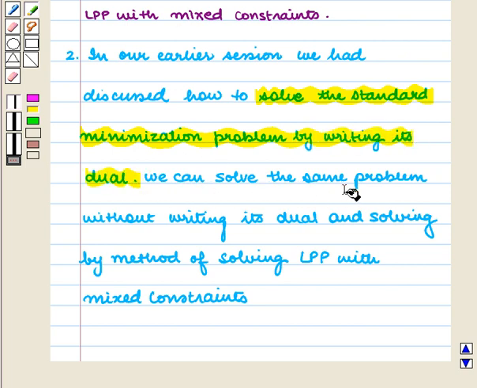We can solve the same problem without writing its dual and solving by the method of solving linear programming problem with mixed constraints. Here we will convert the minimization problem into a maximization problem. Then we will write all the constraints in less than equal to form and will proceed in a similar way.